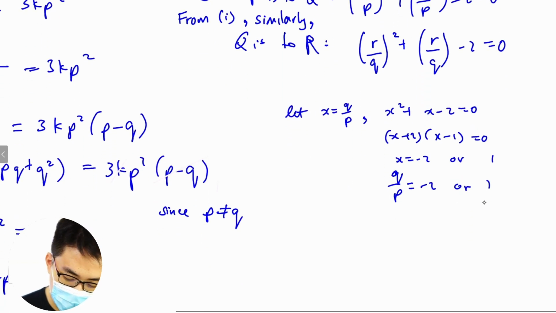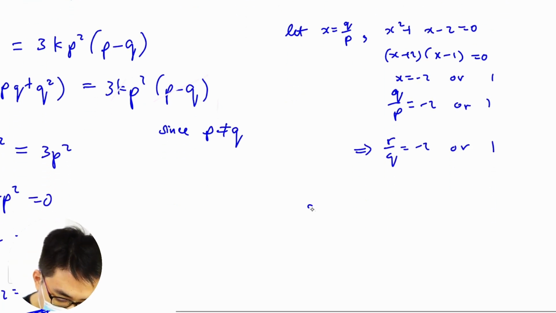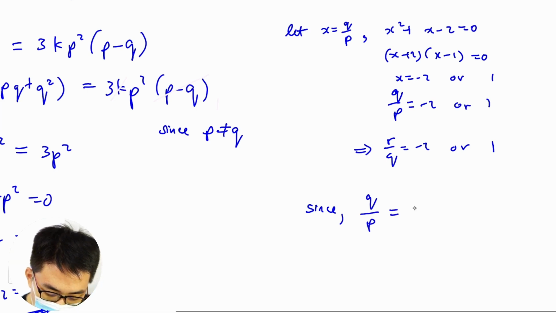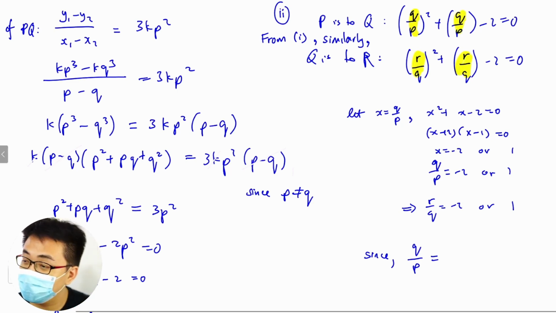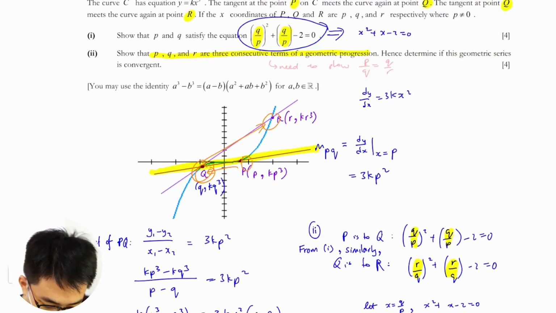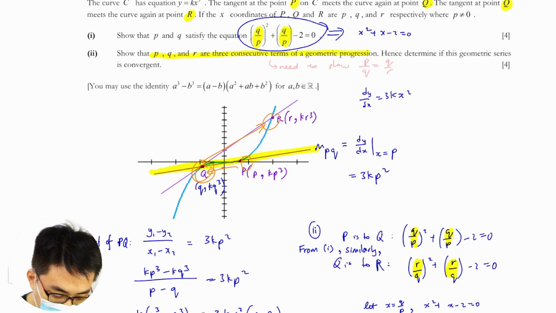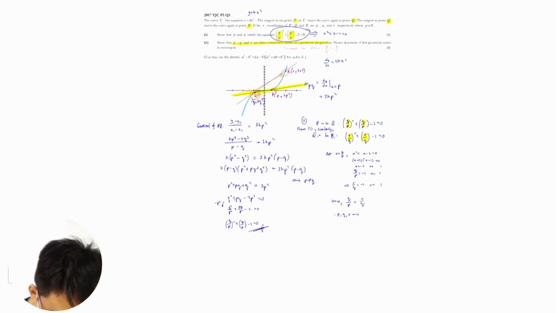Okay, reject. This one will also give us R over Q equals minus 2 or 1. Since if you solve Q over P and R over Q, they'll have the same solution, so Q over P equals R over Q. Hence P, Q, R are consecutive terms of a GP.